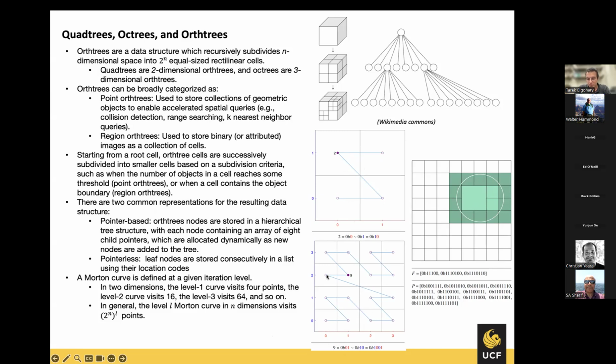Then you go further down, and this becomes this one, the next level from here. So you can represent it with the bit structure. That's the very general idea of octrees and orthrees. Octrees are 3D, orthrees are n-dimensional, and quad trees, which I used here for demonstration, are two-dimensional.